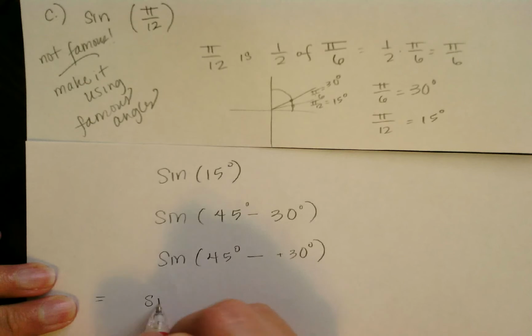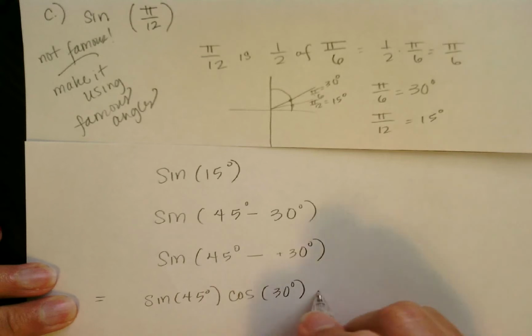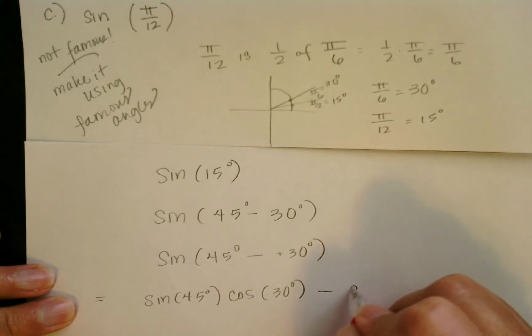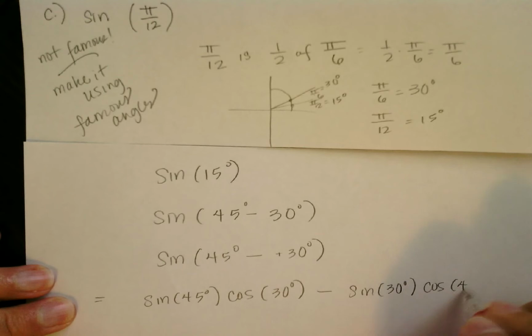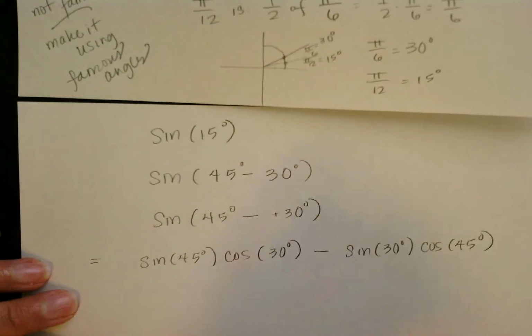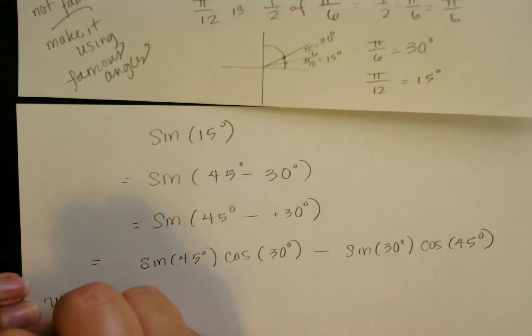This is equal to sine of the first times cosine of the second. So minus, the minus stays minus for sine, minus sine of the second times cosine of the first. Alright, so where do we get this from? Unit circle.